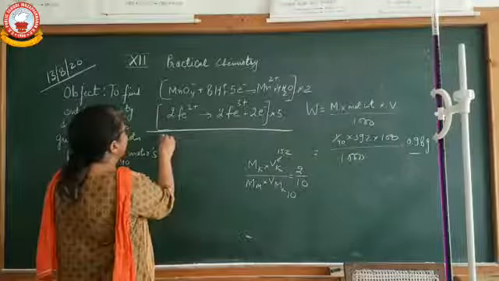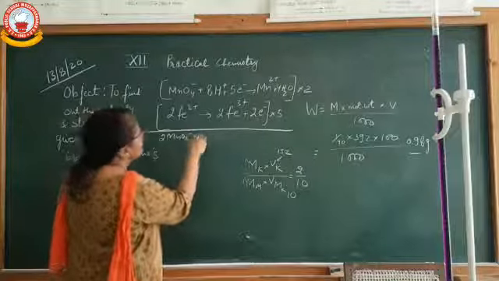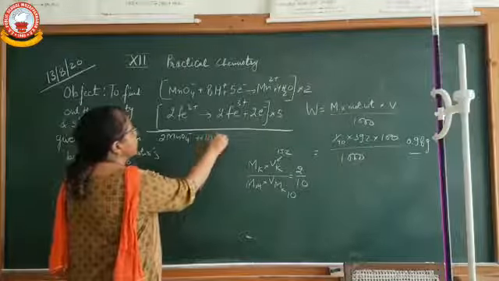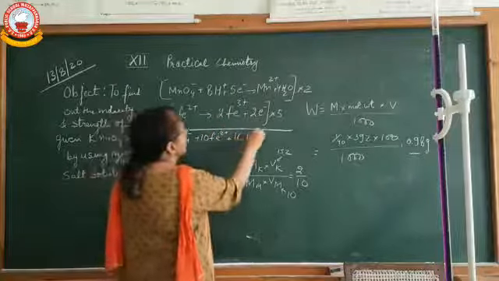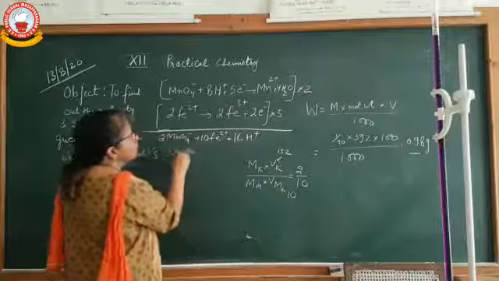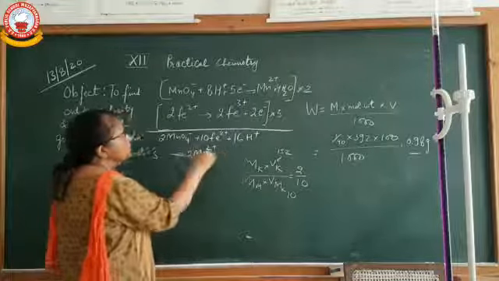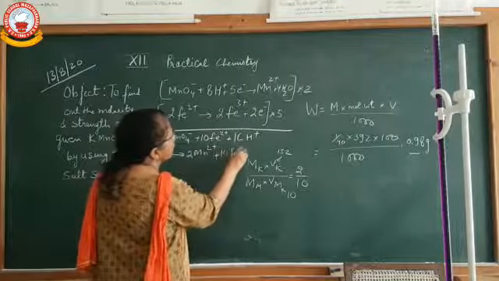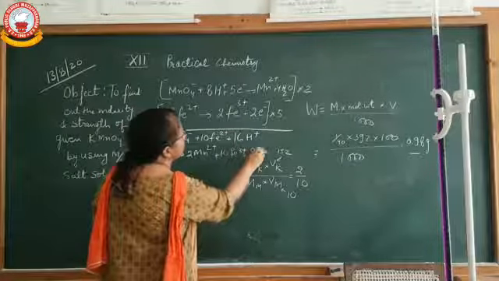So it will be 2 MnO4- plus 10 Fe2+ plus 16 H+ gives you 2 Mn2+ plus 10 Fe3+ plus 8 H2O.